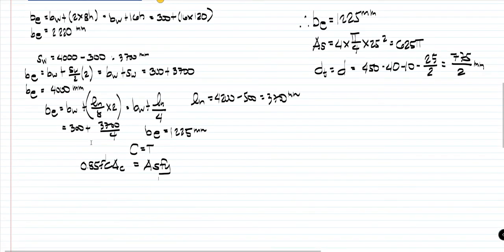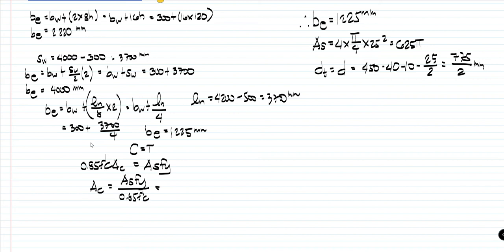So from this one, substitute natin yung values or arrange muna natin. So AC will just be equivalent to AS FY over 0.85 F'C.